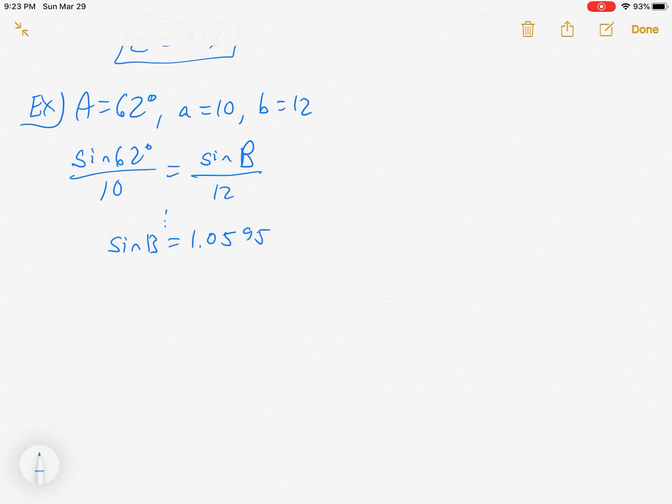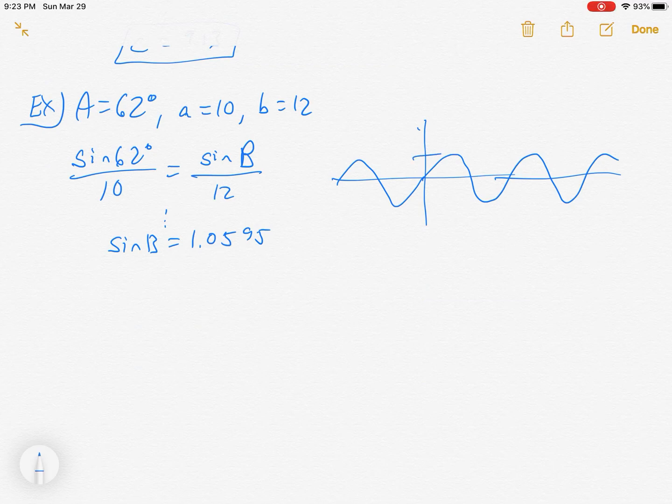I think we mentioned this earlier. It has to be less than 1. What it's saying is this. It's saying, hey, sine, tell me what angle are you when you're 1.0595? Never. Remember, sine never gets above 1. Never. So when you get here, you say no solution.